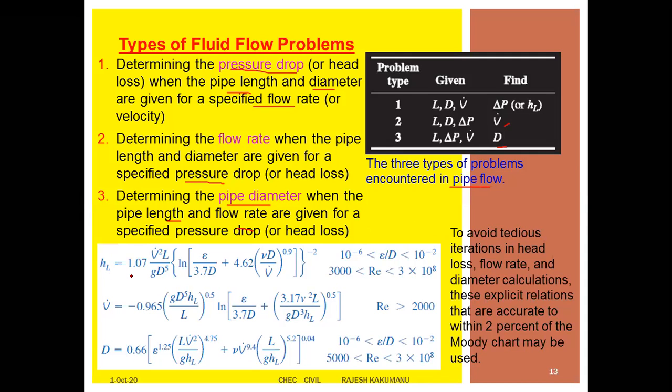According to the Moody chart, Moody is one of the scientists who has given the various types of flows, and based upon that he has given a chart. Based upon the chart, the head loss formula, the flow rate formula and the diameter formula are given in this way. Then what is the head loss, HL or delta P?